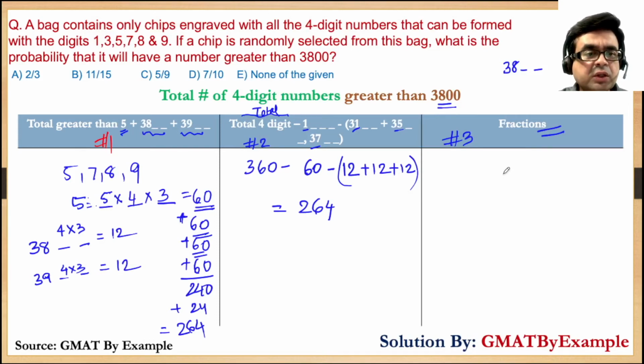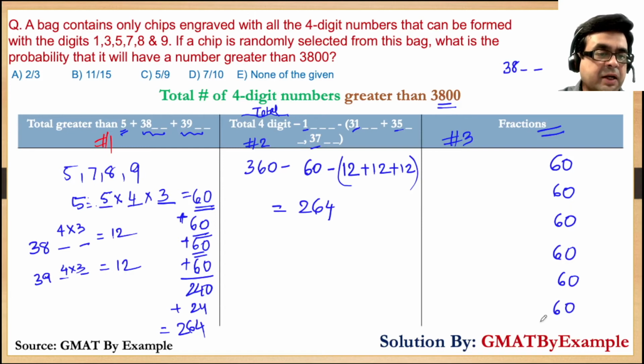We already saw that the number of arrangements starting with any digit is about 60, right? We saw that for 5 it is 60. If we started the number with 7, it is 60. So it is going to be 60 numbers per digit, and that comes down to 360 as our total possibility. Now we know that to calculate numbers greater than 3800, let's assume these 4 are part of our set already.